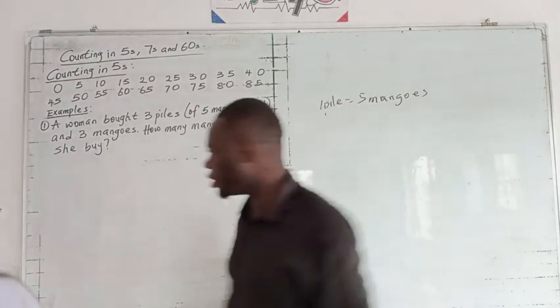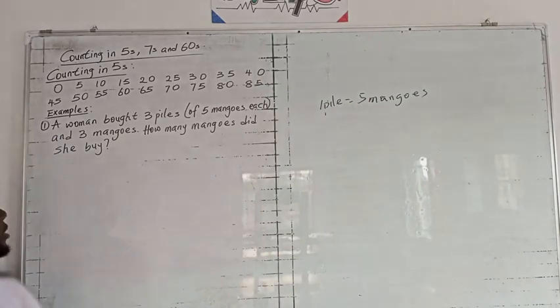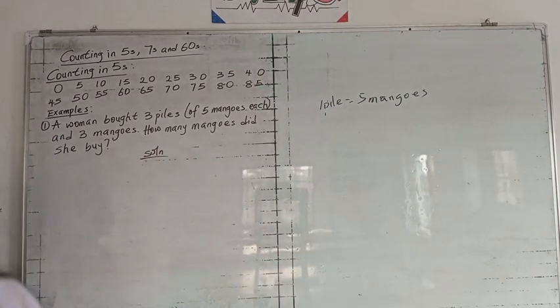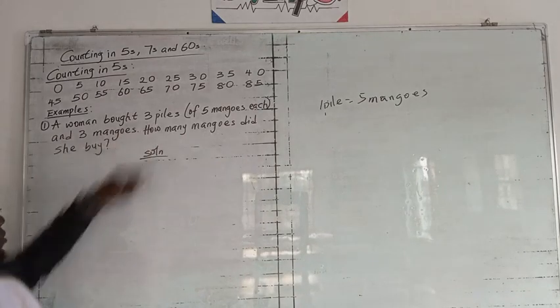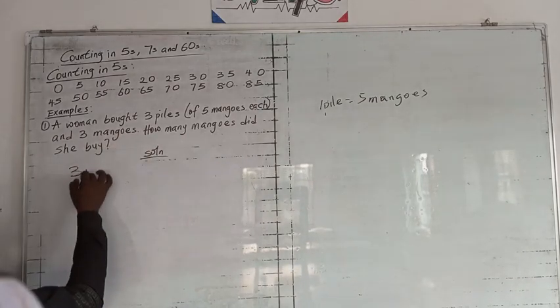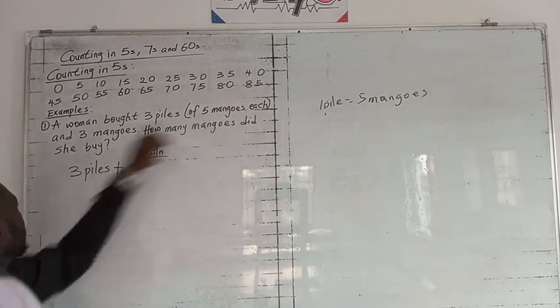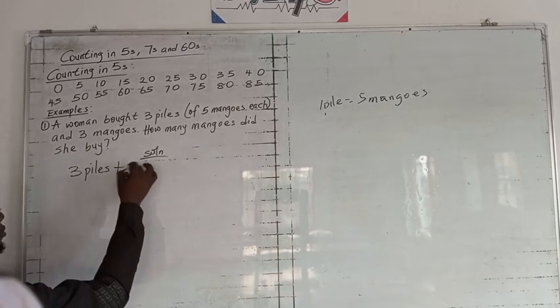Alright? So, I can say here, solution. Let's interpret the question first. The woman bought how many piles? 3 piles. And what? 3 mangoes.